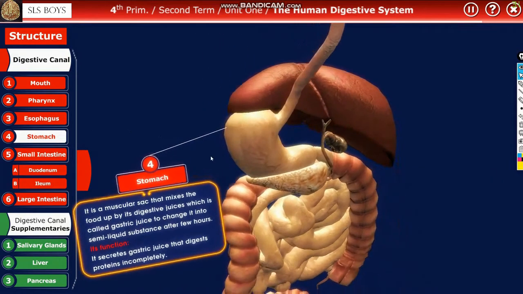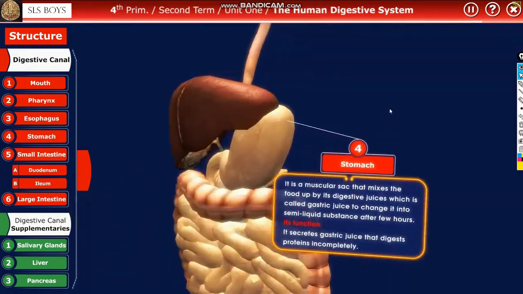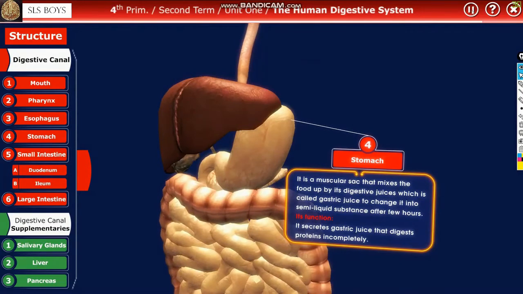Next, we have the stomach. The stomach is a muscular sac that mixes the food up with its digestive juice, which is called the gastric juice, to change it into a semi-liquid substance after a few hours. Its function is that it secretes gastric juice that digests protein incompletely.